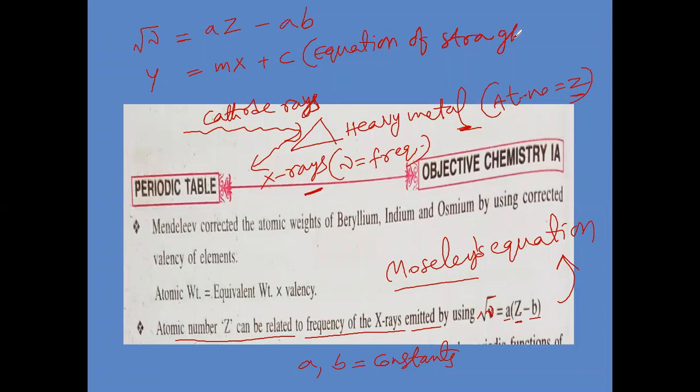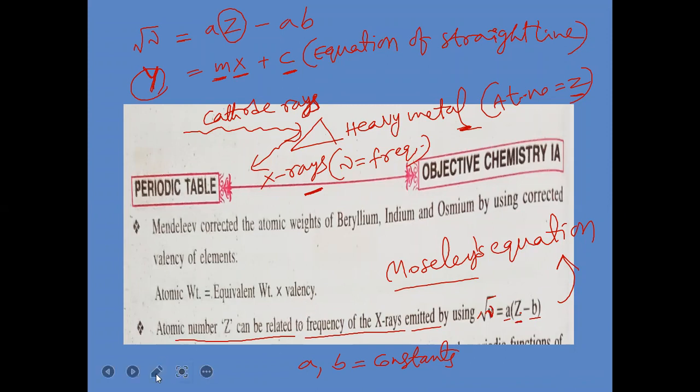Here, the square root of nu is taken on the y-axis, and the atomic number is taken on the x-axis. m is the slope, and c is the intercept on the y-axis. So this is the equation of a straight line, everyone knows, right?